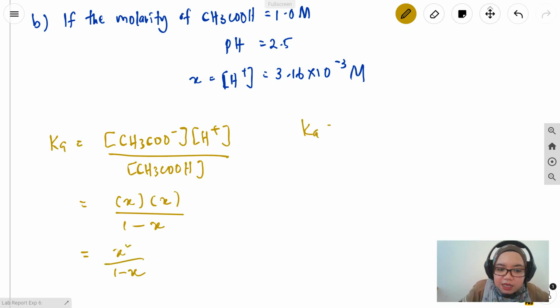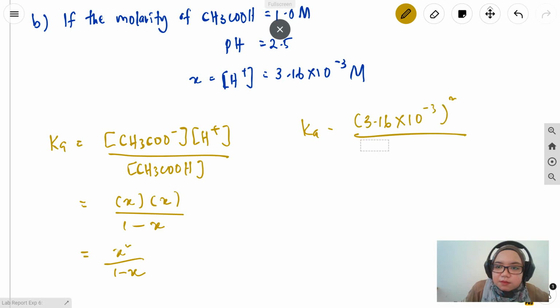So Ka is equals to 3.16 times 10 to the power of negative 3 squared over 1 minus 3.16 times 10 to the power of negative 3.